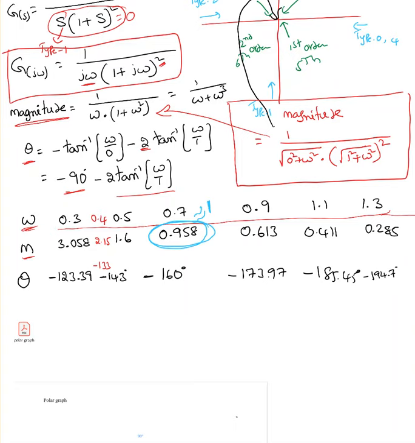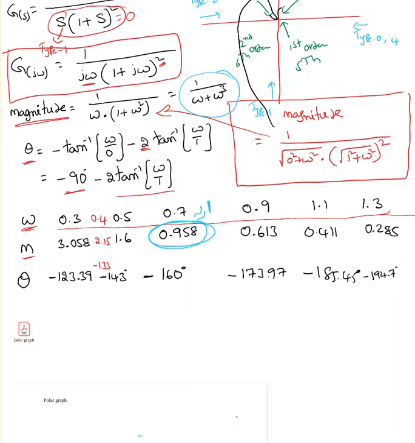So how did I choose the omega value? I wanted the magnitude to be 1 at one point. So you substitute the omega value in this magnitude equation until it becomes 1. That's the omega value, and then choose a couple of values on the left side and a couple on the right side.